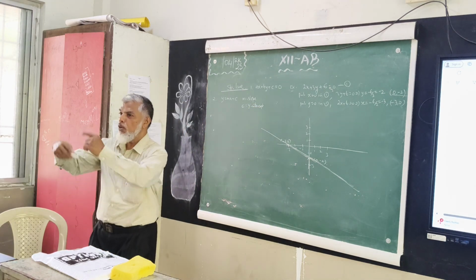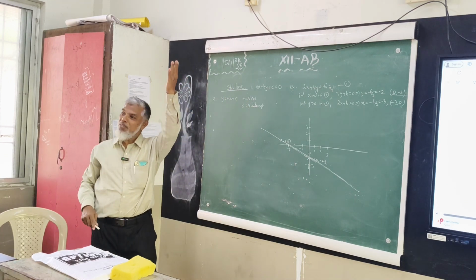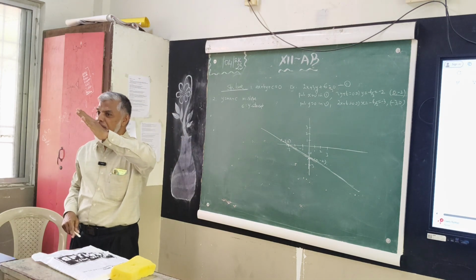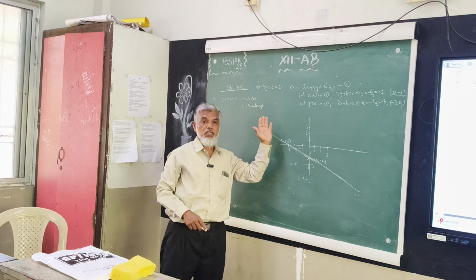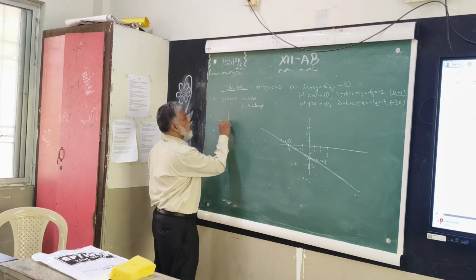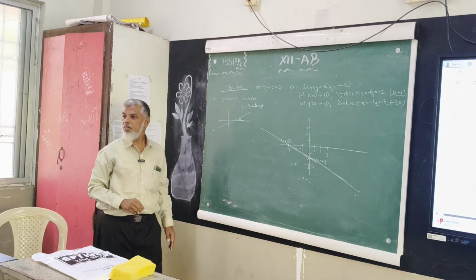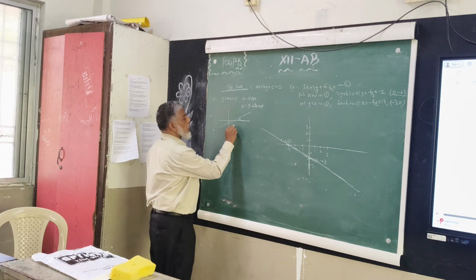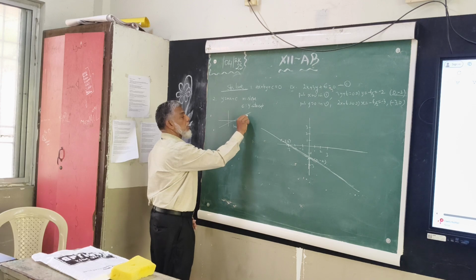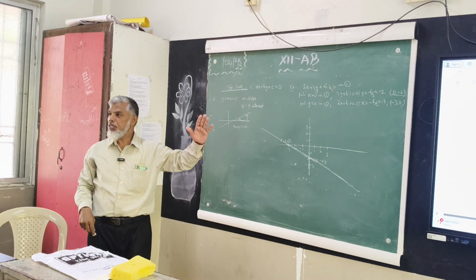Y-intercept. Now going back to the definition. What is slope? M is a slope. Slanting line. The definition is, if a line makes an angle theta with the x-axis, then tan theta is the slope, where theta is measured in the positive direction.